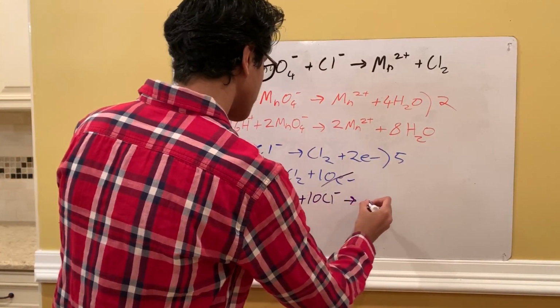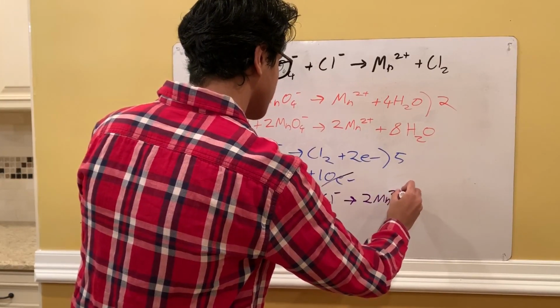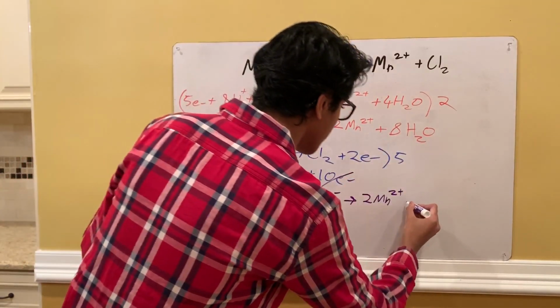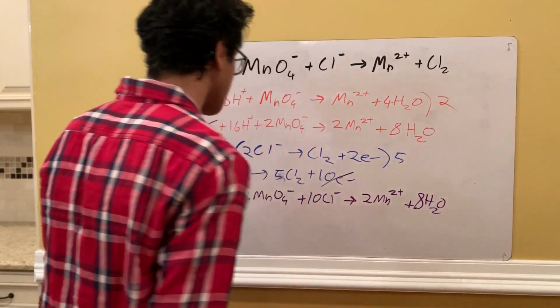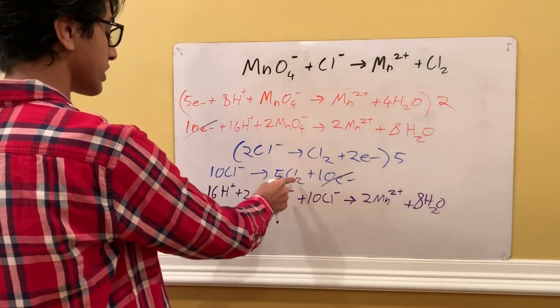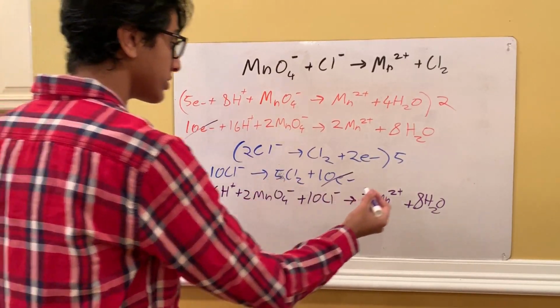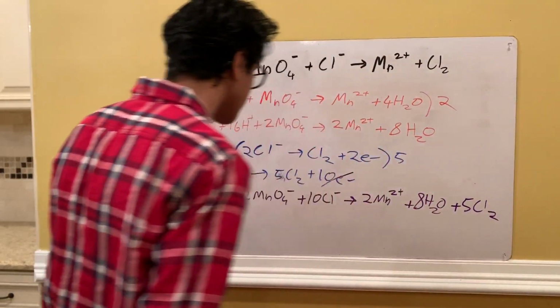That goes to 2 Mn2 plus. I'm taking that from here, and then I'll add the 8 waters, and then we'll look at the products of this equation. So 5Cl2. So now we just add plus 5Cl2.